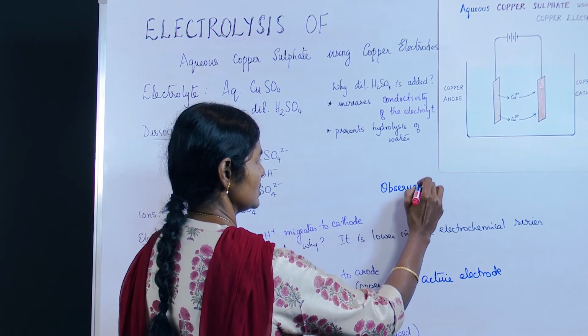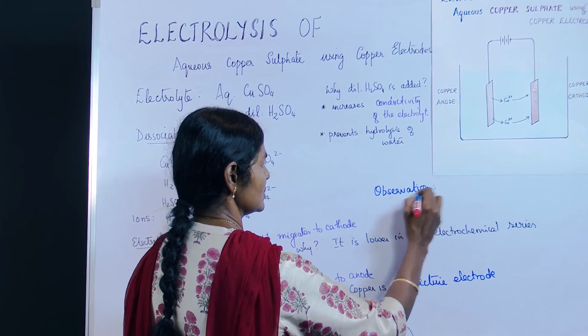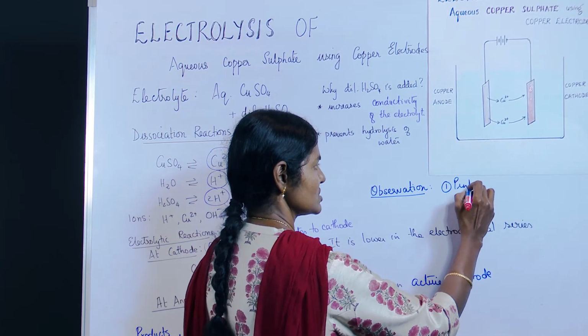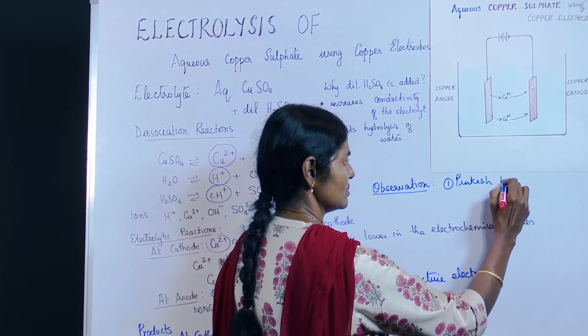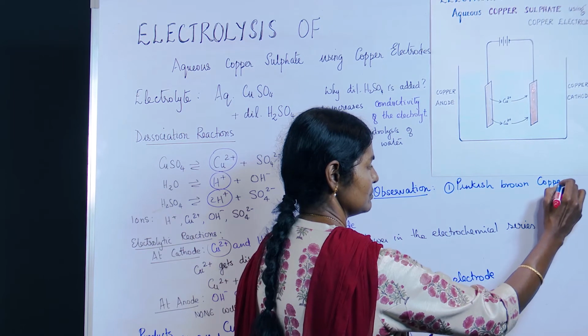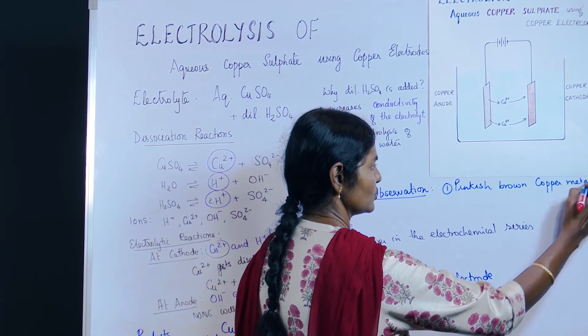at the end of the electrolysis, the observation is first one pinkish brown copper metal at cathode.